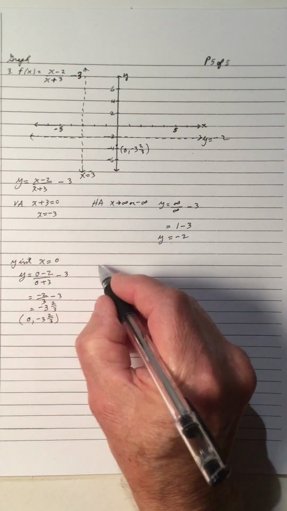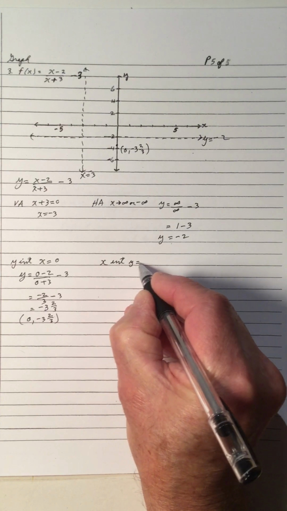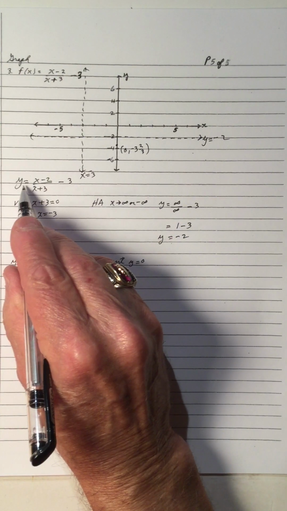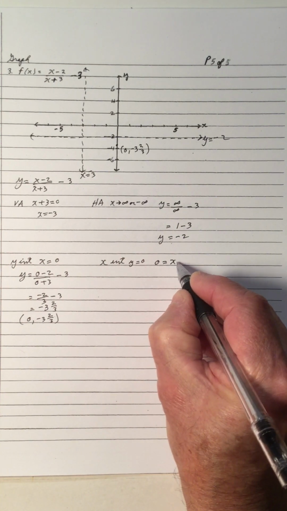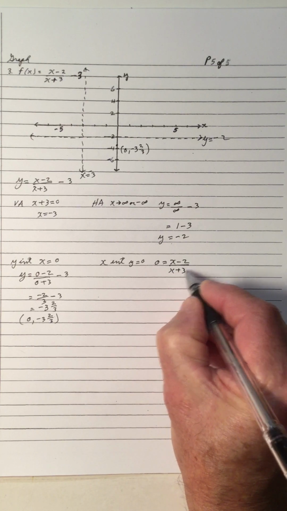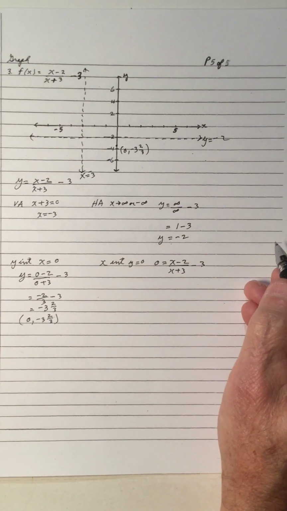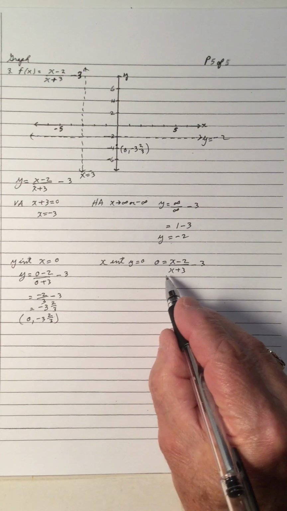Now, I found a y-intercept. Let's find the x-intercept. The x-intercept is when you let y equal 0. So take this equation and put 0 in the place of y. 0 equals x minus 2 over x plus 3 minus 3. So we have to solve this equation. One of the fast ways I solve it is multiplying.